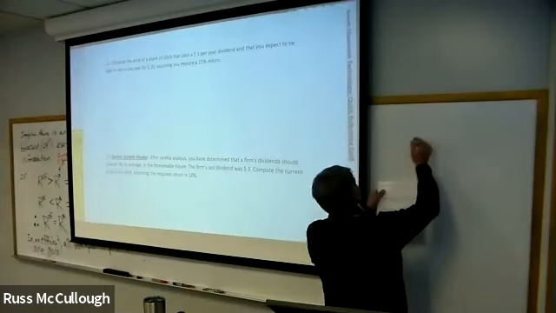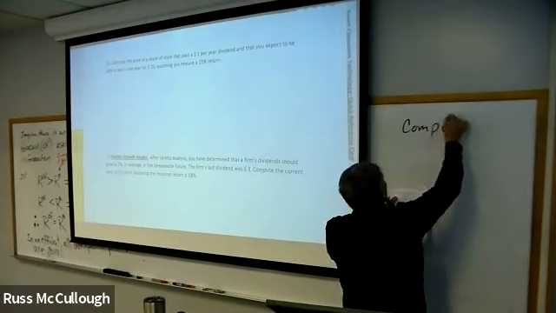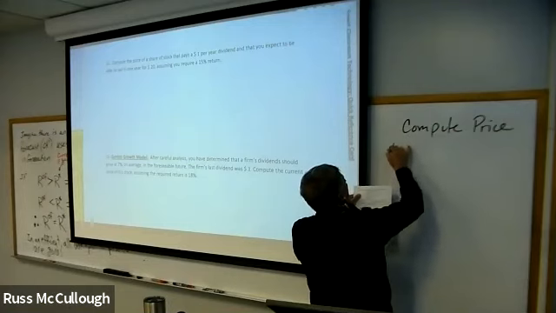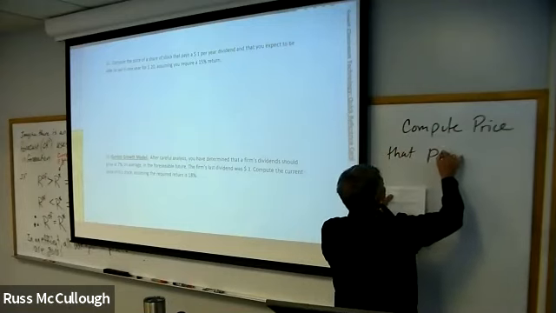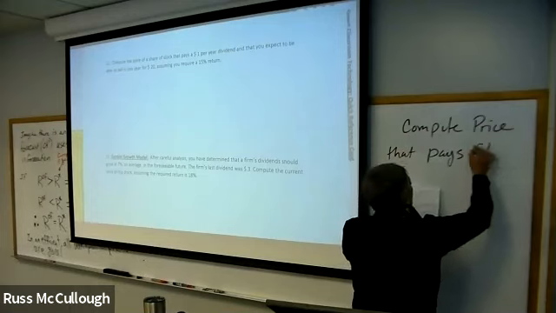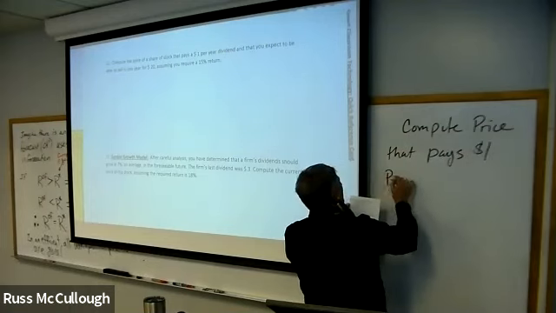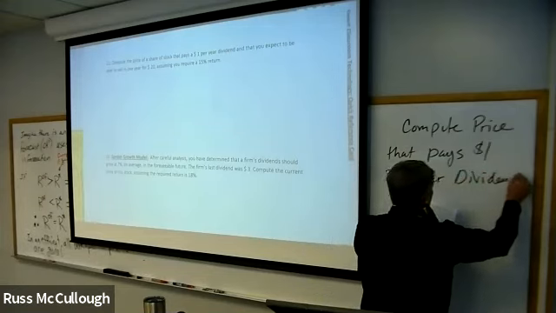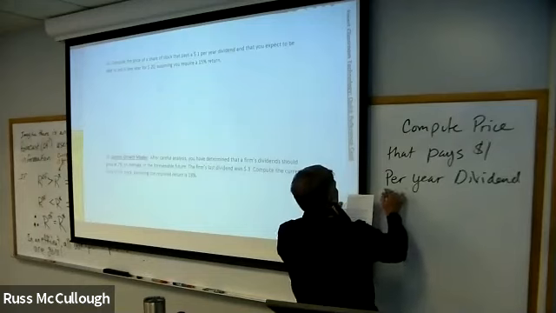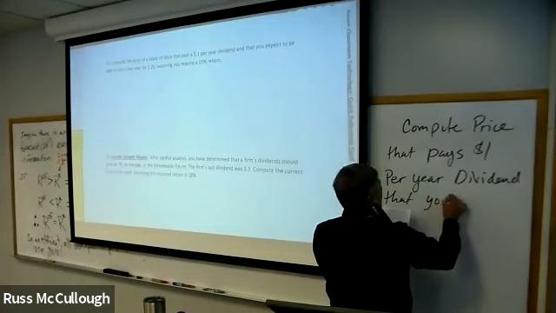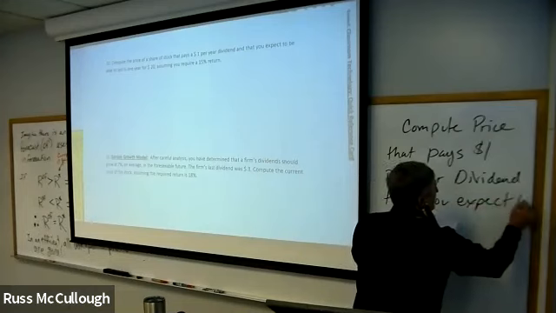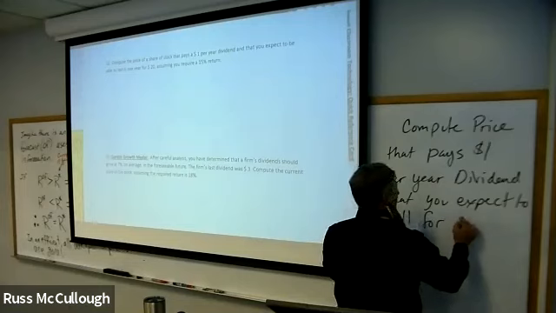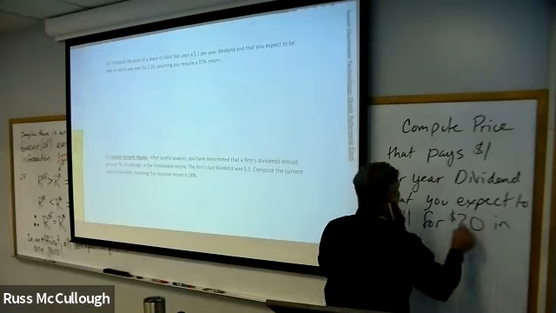All right, so compute the price of a share of stock that pays $1 per year dividend that you expect to sell for $20 in 1 year.